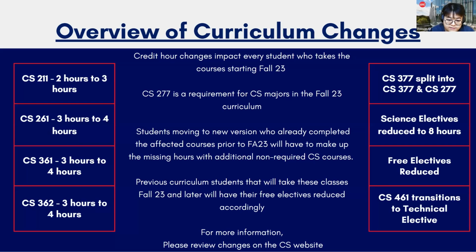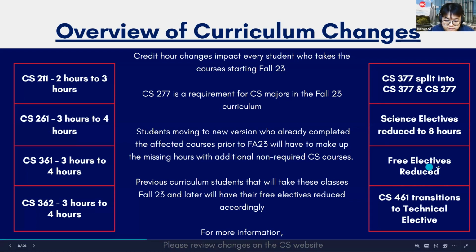Students deciding to stay in the previous curriculum that have not already completed some of these courses will have their free electives reduced accordingly. Computer Science 277 and 377 are required in the fall 2023 curriculum for computer science majors. The previous version only requires 377.